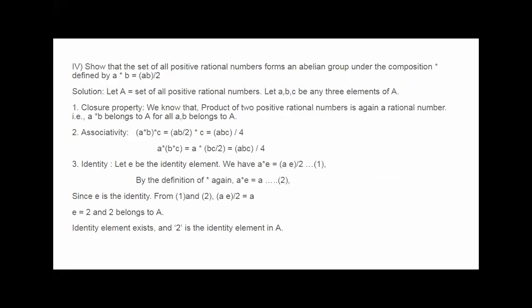Then the next example is: show that the set of all positive rational numbers forms an abelian group under the composition star defined by A star B is equal to AB by 2. AB by 2 given here is the multiplication of A and B, and that multiplication will be divided by 2 again.